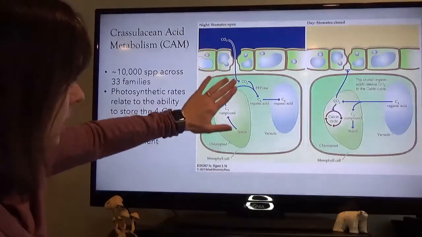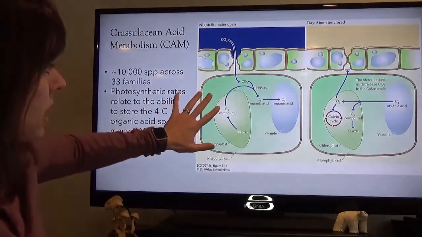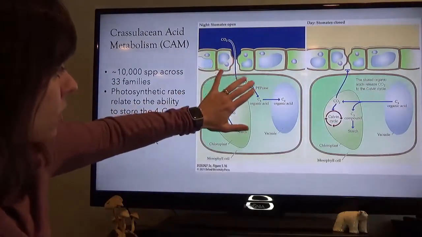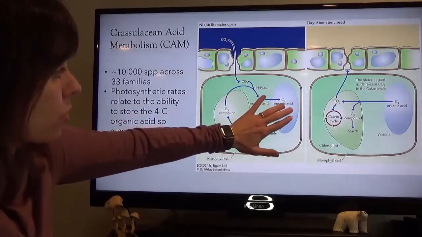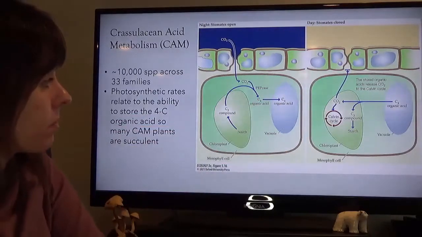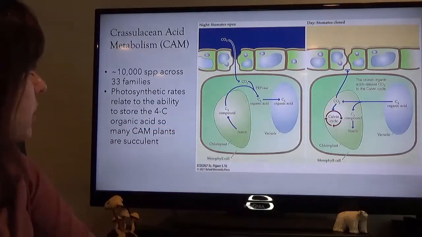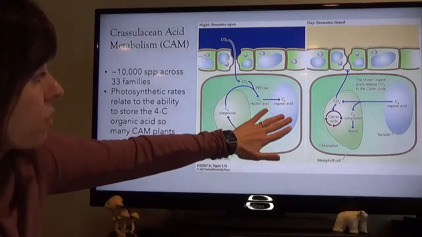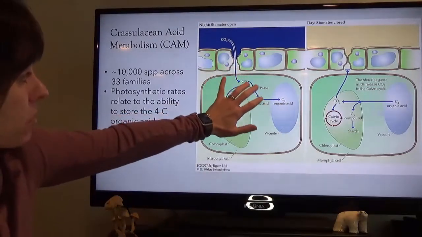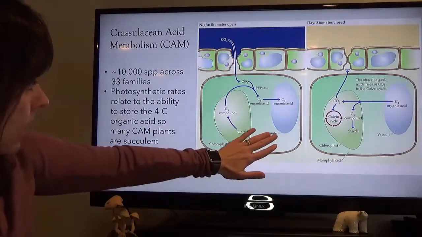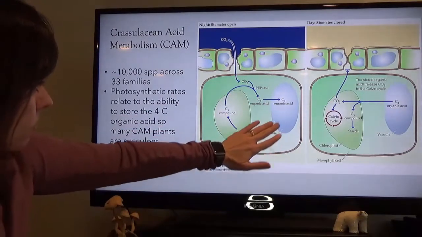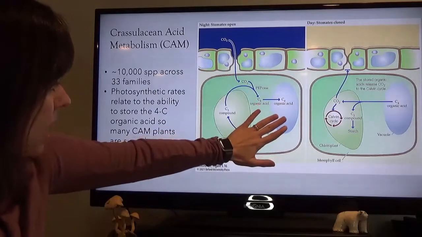That CO2 comes into the mesophyll cell at night and is converted into crassulacean acid. So this C4 organic acid is made using PEP carboxylase. Okay, so that is what happens at night.